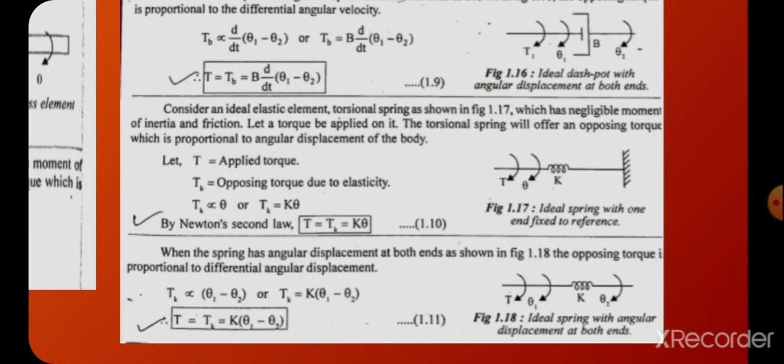By Newton's second law, the applied torque is equal to the opposing torque. So T is equal to Tk is equal to K into theta 1 minus theta 2. These are all the equations corresponding to idealized elements.